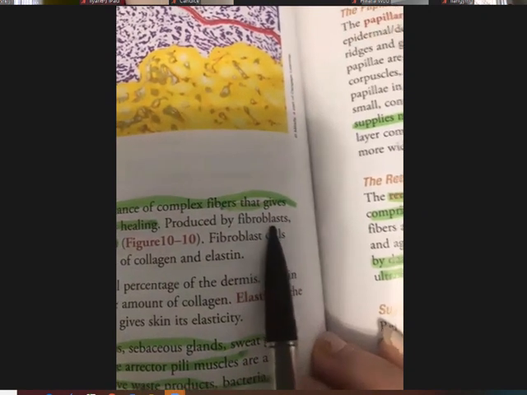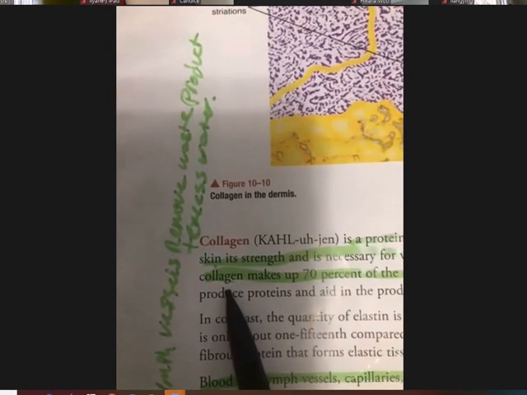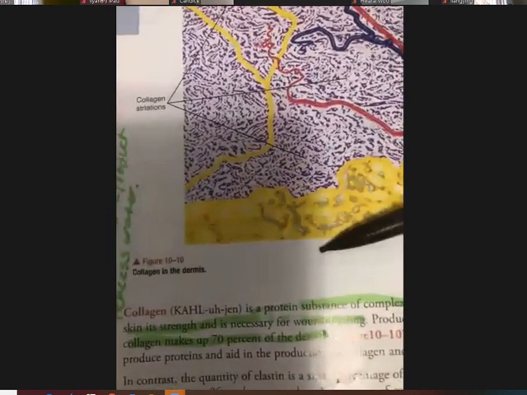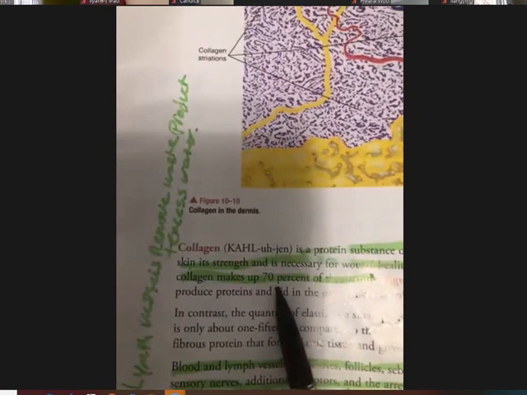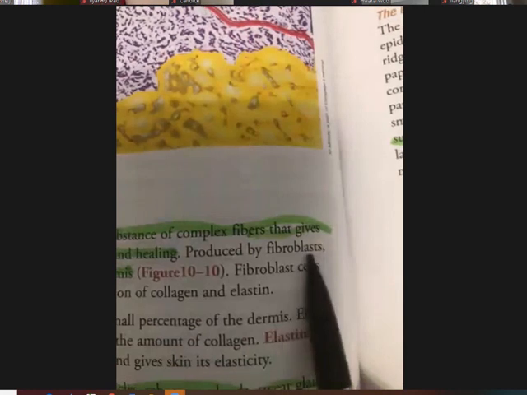The fibroblast is the cell that produces collagen, and 70% of your dermis is made up of collagen. We need fibroblasts because fibroblasts are necessary for wound healing.